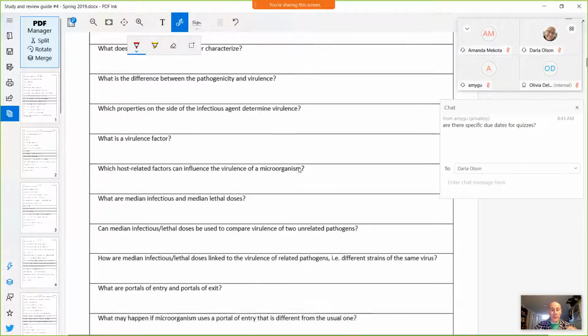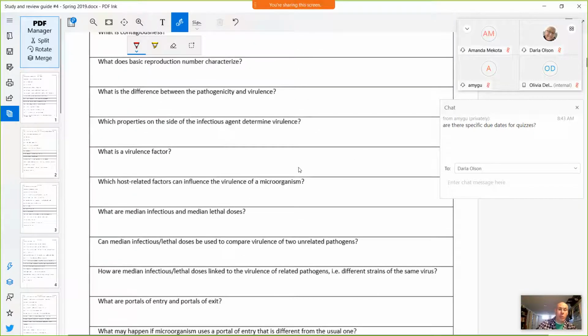Pathogenicity, virulence. So pathogenicity is qualitative: can or cannot cause the disease. Virulence shows you how bad the disease is. So all influenza viruses are pathogenic. They all can cause the disease.